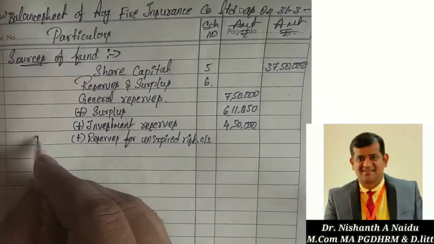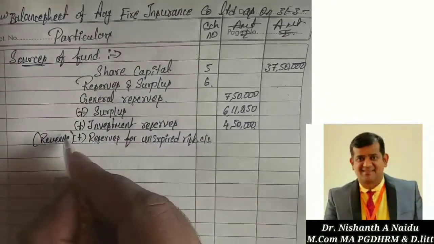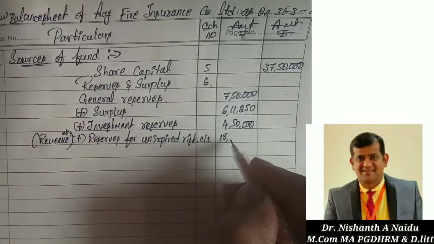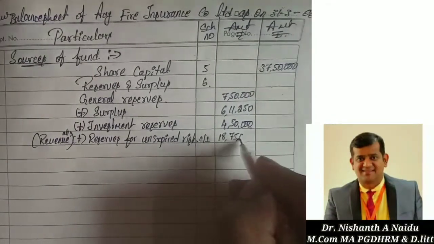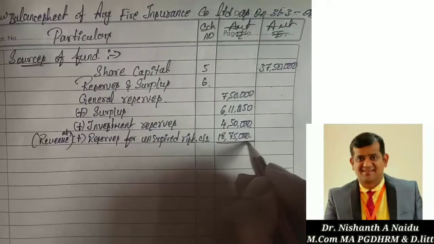So you can write, if you want, it is from revenue account. I have taken it from revenue account, 18,75,000. I think that's all come under this head.